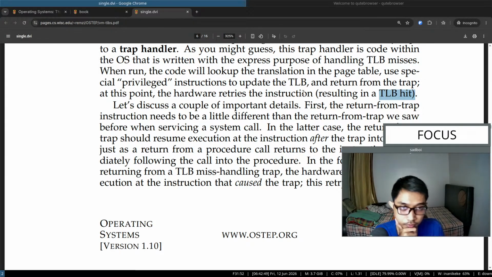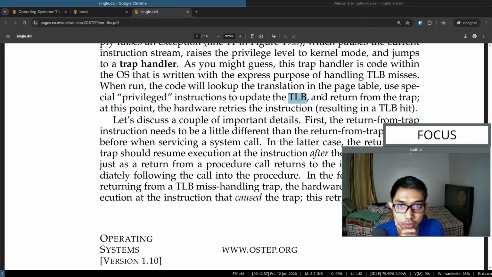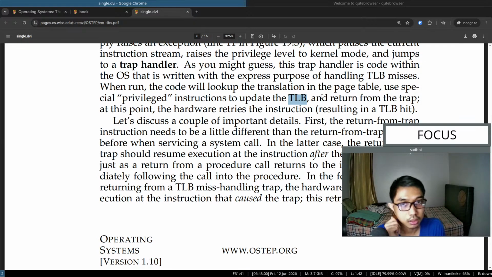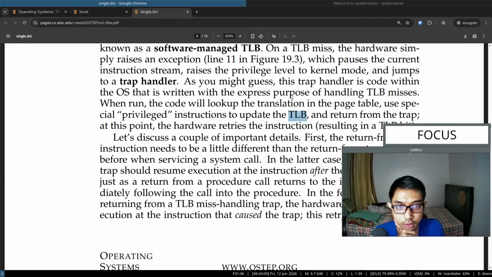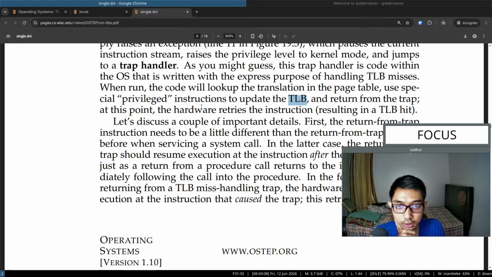I'm assuming this translation look-aside buffer is some kind of cache storage to save the translation address, and hardware in this case might mean the CPU.